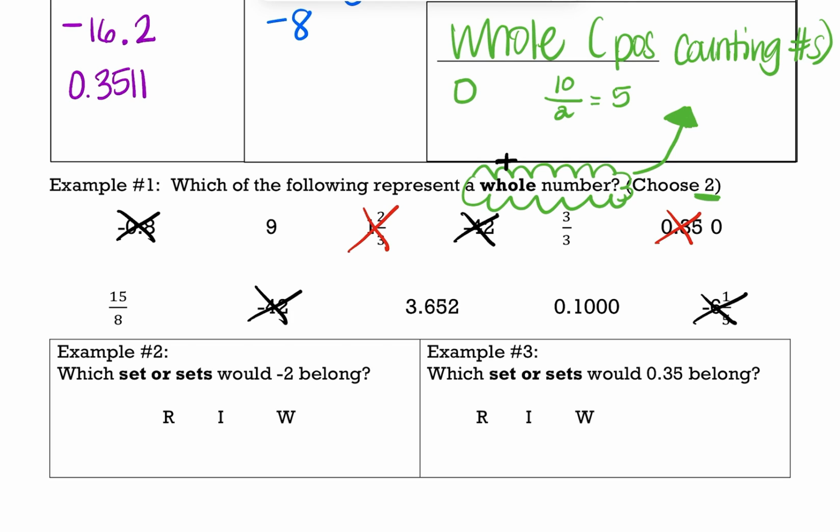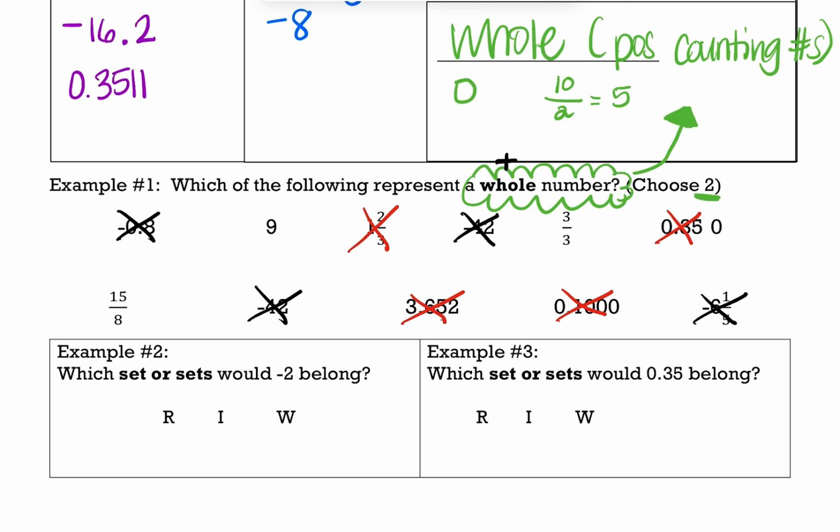That's an elimination. This one, again, I can't eliminate without dividing. I'm not sure. But I can see this is clearly a decimal, so I'm going to mark that out. And this is clearly a decimal, so I'm going to mark that out. So I have a couple that I need to test. It does look like there's more than 2 answers, but we're going to see.